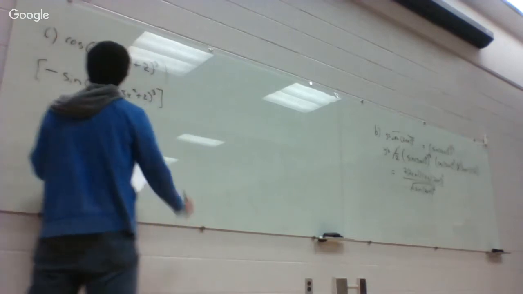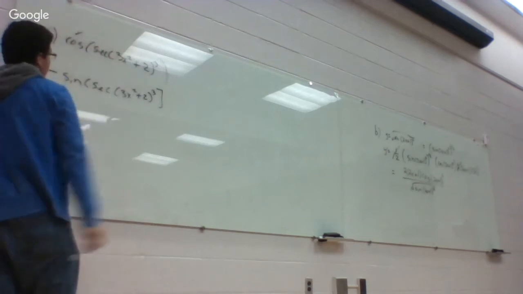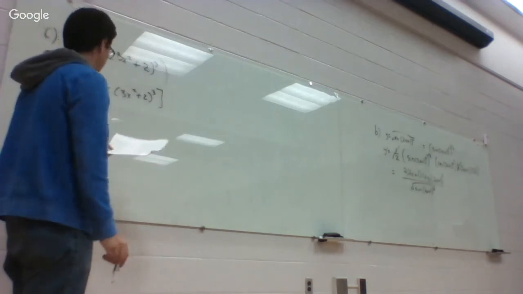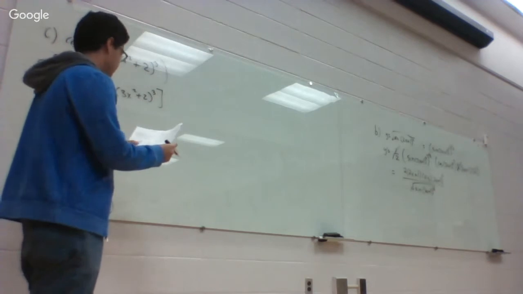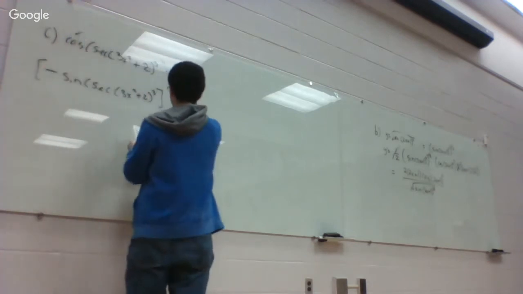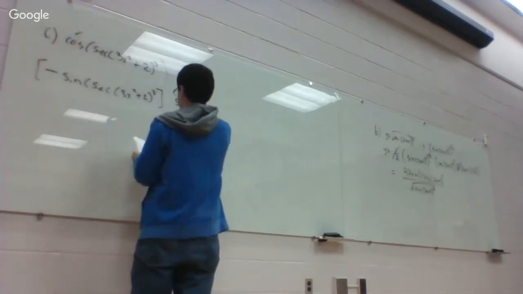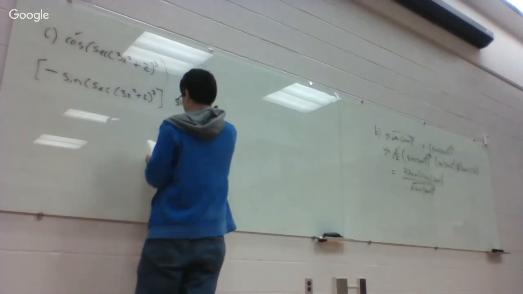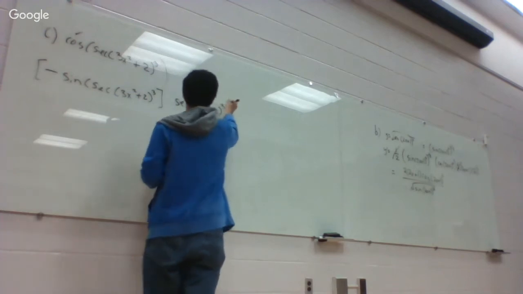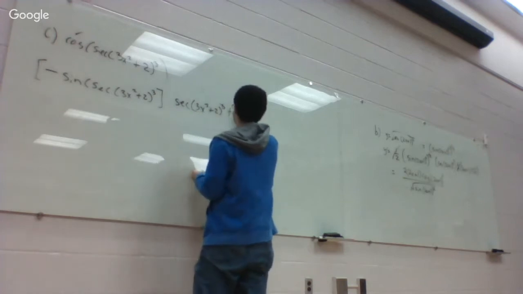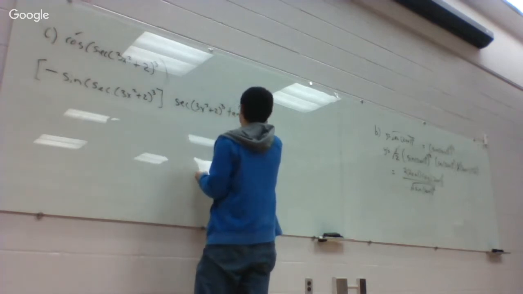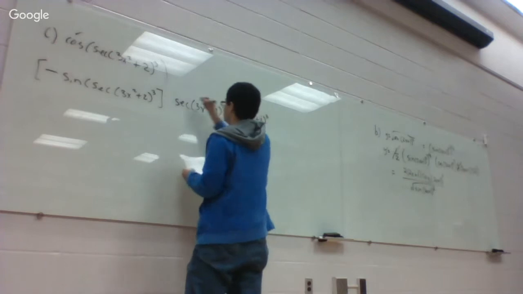So we took the derivative of cosine. What's the derivative of secant? So we can write secant of 3x squared plus 2 quantity cubed, tangent of 3x squared plus 2 quantity cubed.